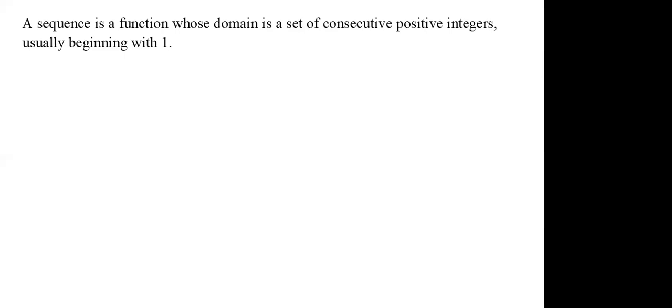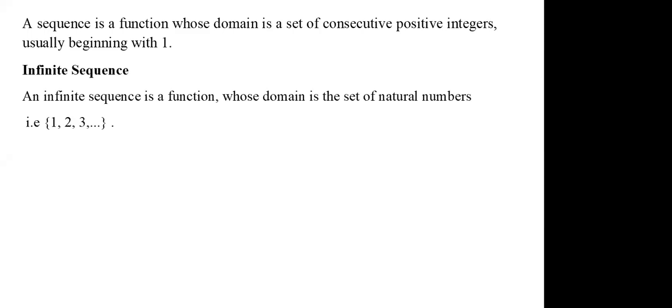If I give you a function, let's say 2n or 2k or 2x, where n is the domain, then if I ask you to generate the sequence, you are going to start from when n is equal to 1. And those values you will get at a particular point is what is called a sequence. Are you with me?